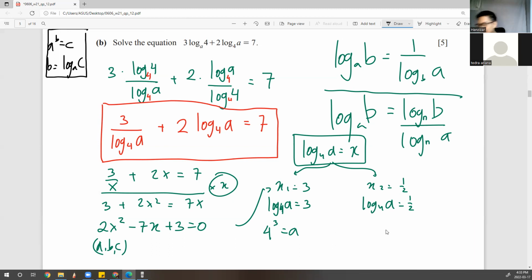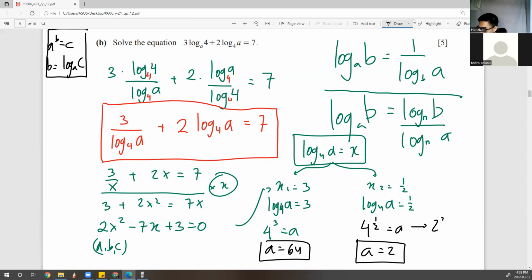So 4 power 3 equals a, so a equals 64. And then 4 power half equals a, so a equals 2, right? Because 4 is 2 squared, power 1 over 2 gives 2 itself. Okay, that's it for question B.